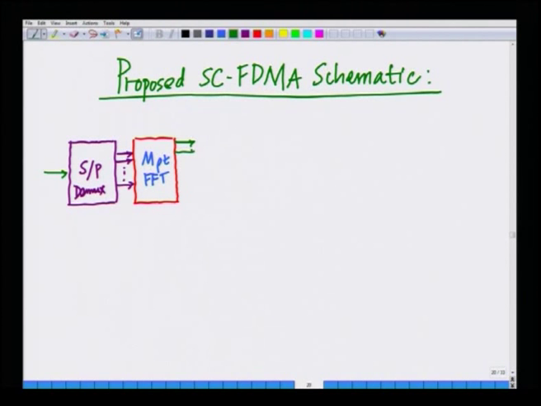So, we are going to do a subcarrier mapping.